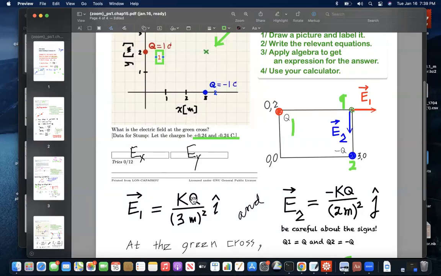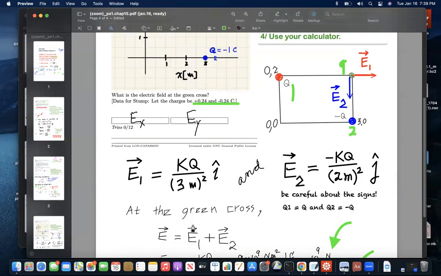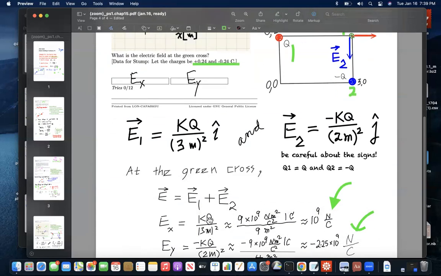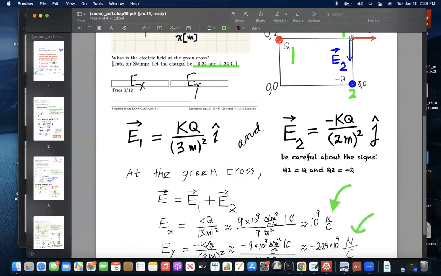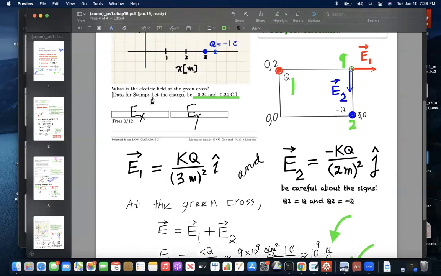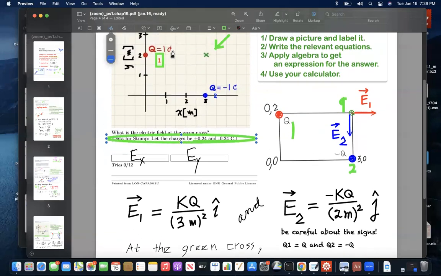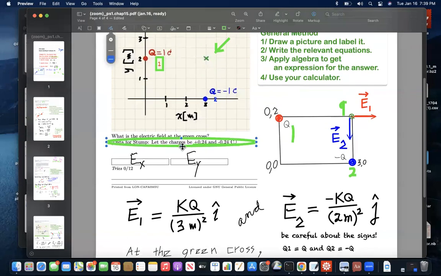So you see the electric field is proportional to the charge. Just take this number and multiply it by 0.24, and similarly here. So on a lot of these problems, there's a picture, but you will be given a different data value for which to do the calculation.